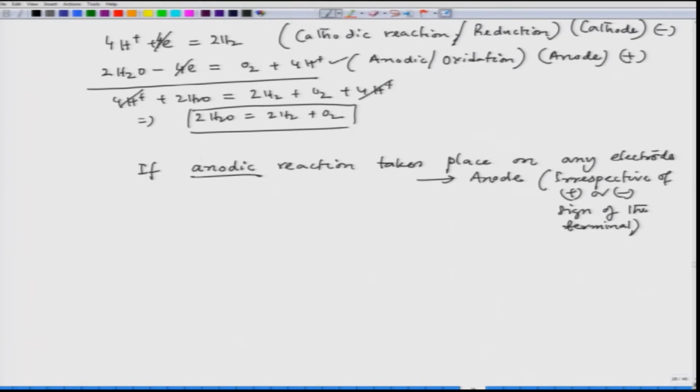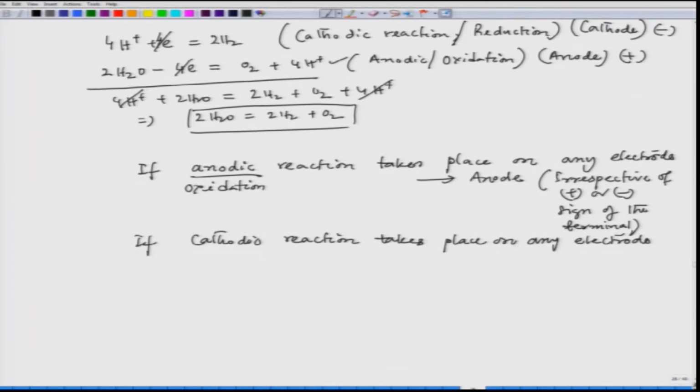Whenever we talk about an anodic reaction, definitely we can also talk about an oxidation reaction. Now, if a cathodic reaction takes place on any electrode, that will be considered the cathode, irrespective of the positive or negative terminal.